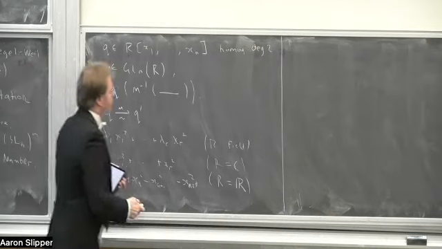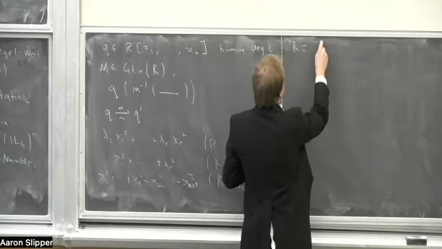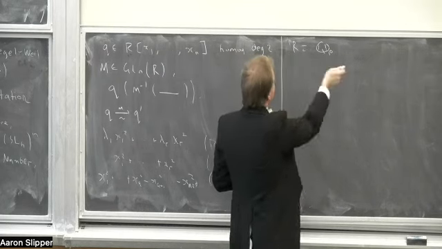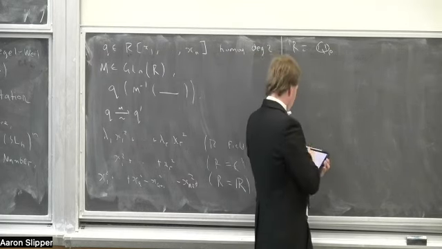For R equals Q_p, and you probably see that I'm being somewhat clever in my choice of rings here. These are non-random samples of rings.